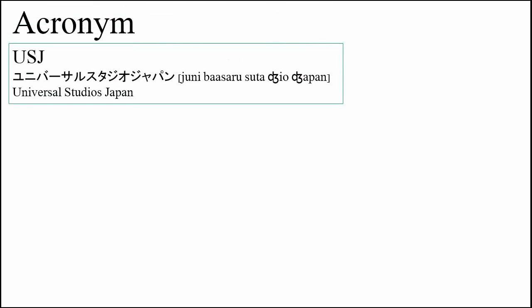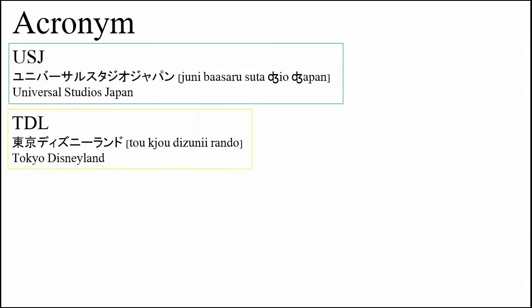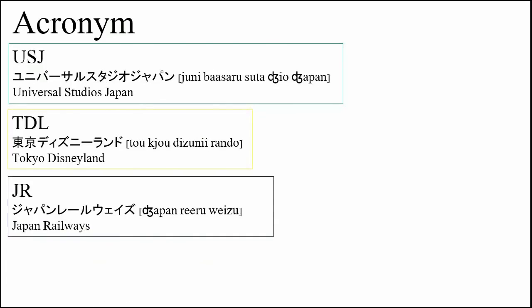Next, we have acronyms. This is very popular in Japan. One of the most used ones are USJ, which stands for Universal Studios Japan, TDL, Tokyo Disneyland, JR, Japan Railways, NG. This is often used for no good or not good.